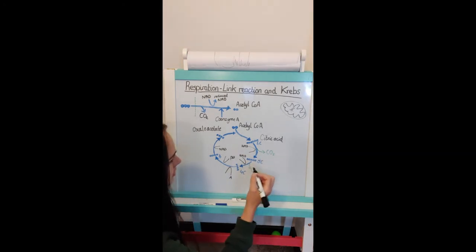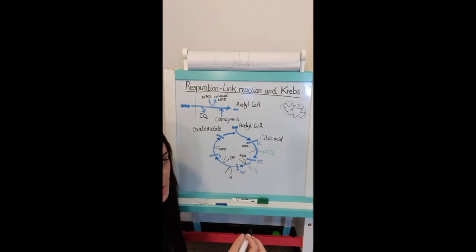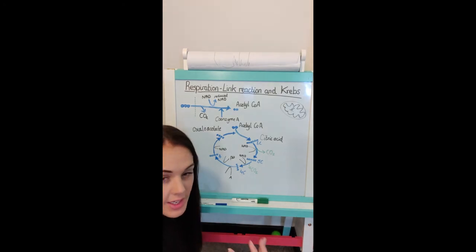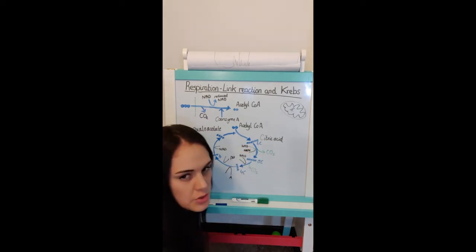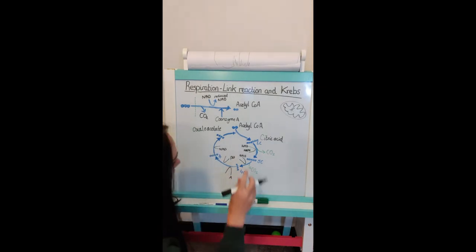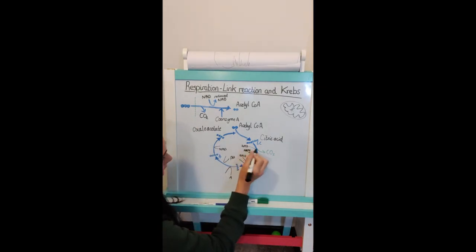Now, to save space, remember I said that reduced NAD is sometimes called NADH. It's picked up electrons, but it's also picked up a hydrogen. So I hope this doesn't confuse you, but I'm just going to call it reduced NAD, NADH. You do need to get used to it because it will be on other stuff as well. So NAD is now reduced NAD, and it has oxidized that intermediate.